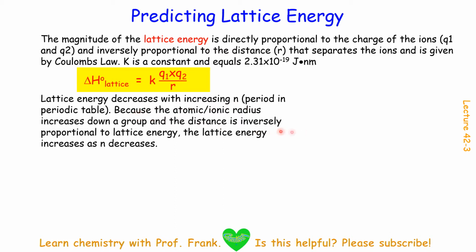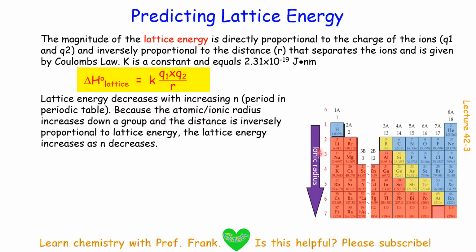That is because the ionic radius increases down a group, and the distance between the ions is inversely proportional to lattice energy. That leads to an increasing lattice energy with decreasing n values. In short, the lower the n value, the higher the lattice energy.